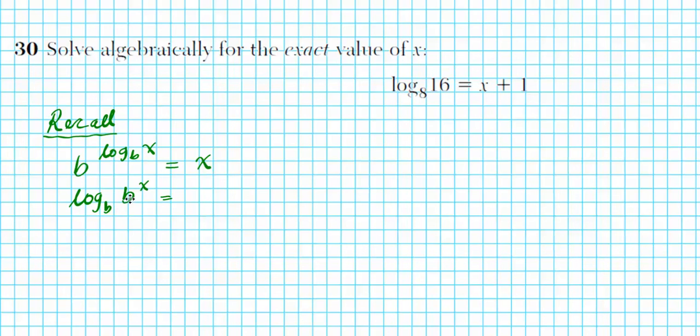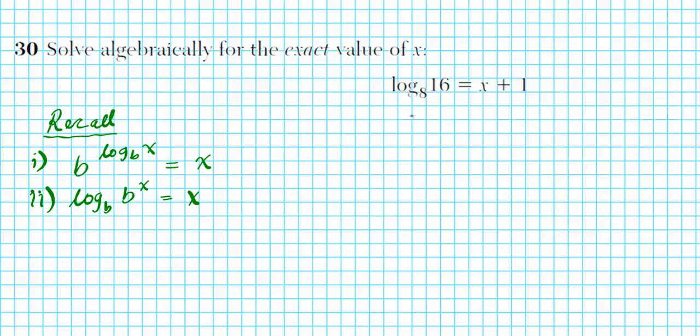Because log base b and b to the x are inverse functions, log base b and b cancel out, and you're left with x, just as was the case in the first property. Okay, so keep that in mind. We're going to be employing just one of these properties in solving this equation.